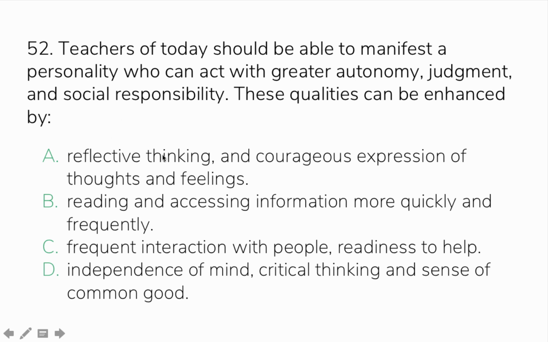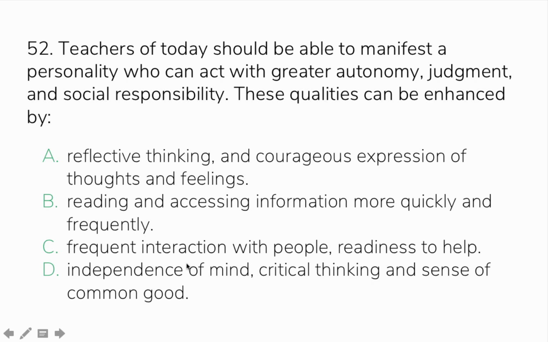Option A, we have two elements, reflective thinking and courageous expression of thoughts and feelings. Okay, reflective thinking for probably autonomy or judgment. Courageous expression of thoughts and feelings could be autonomy. Reading and accessing information in option B has to do with IT literacy or skill.